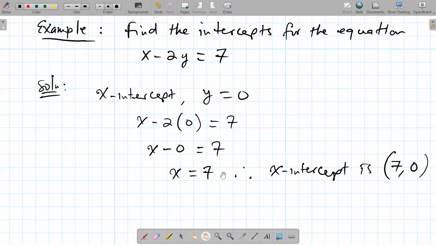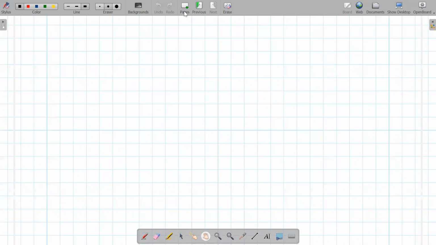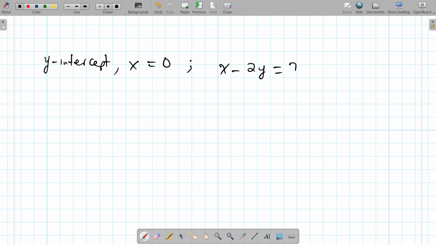Similarly, for y-intercept, set x equal 0. All right, again, remember that we are using the same equation, x minus 2y equal 7.